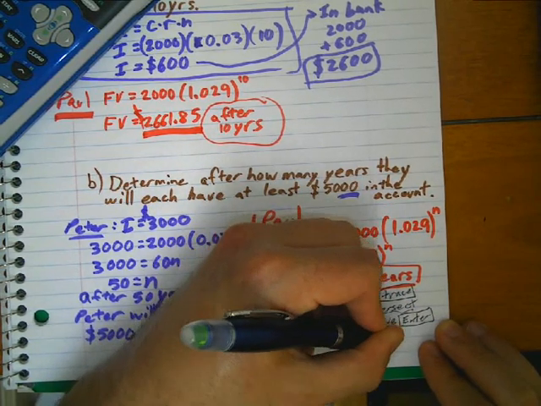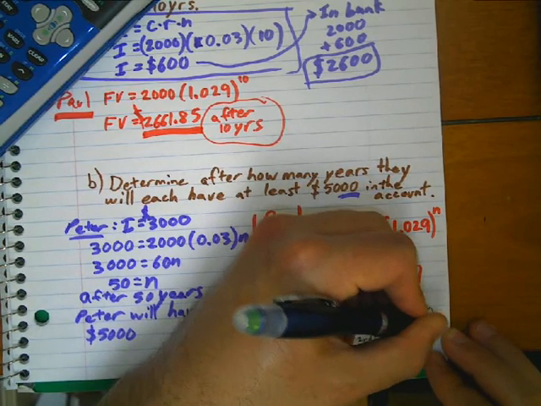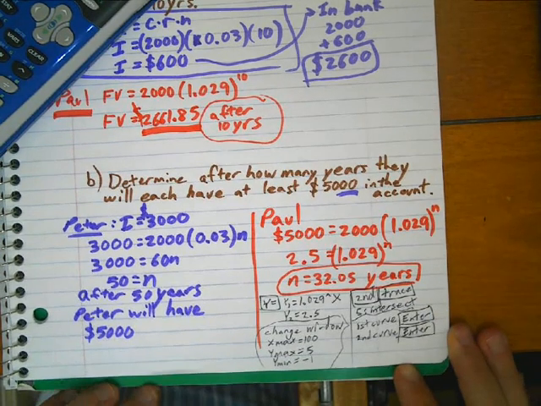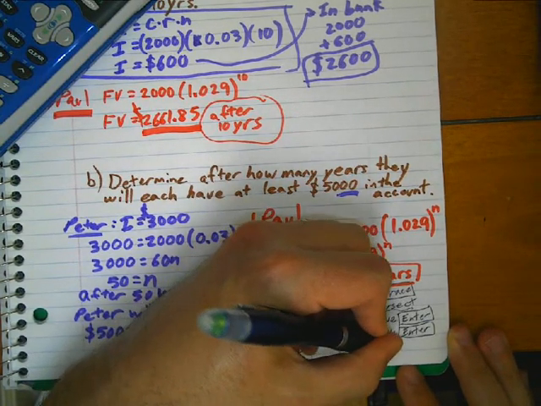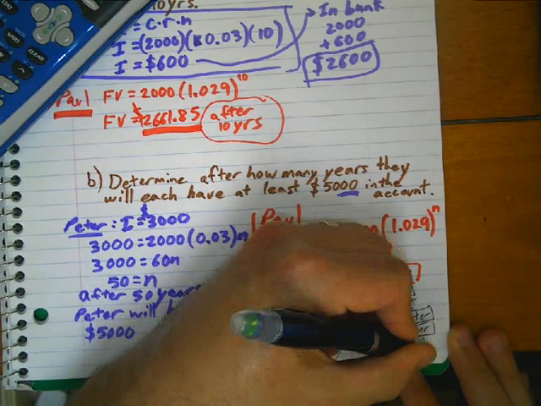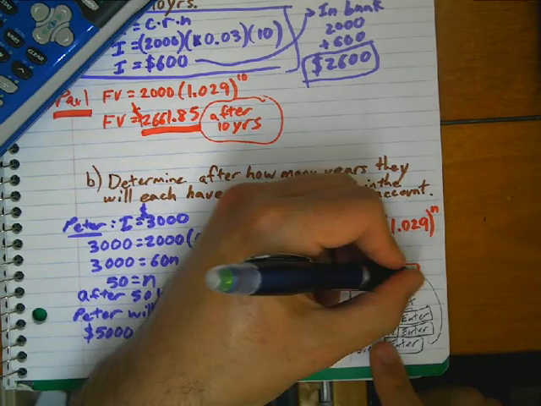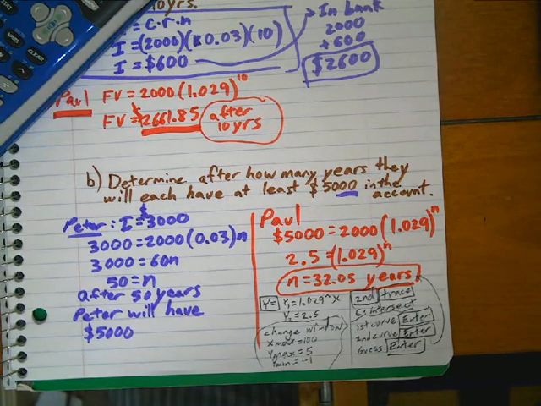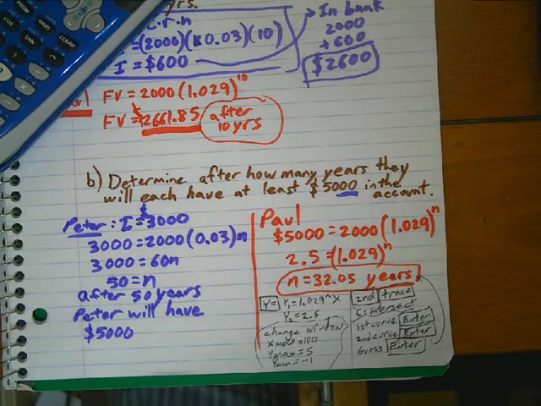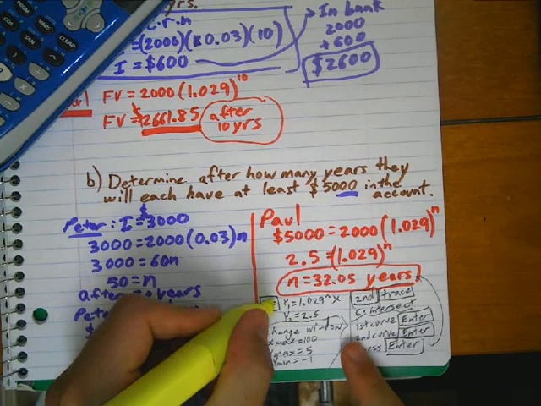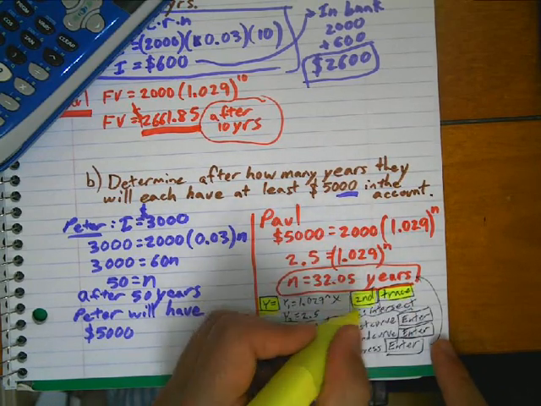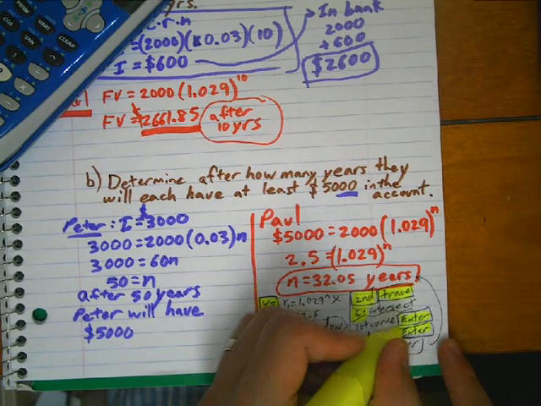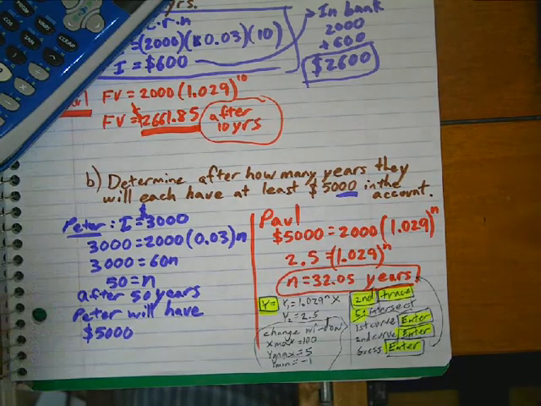I hit enter. And then it said guess. I hit enter. And then I got this answer here. So it's after 32.05 years. Okay. So the buttons I hit were y equals, I entered that in. Second trace, hit the 5, enter, enter, enter. And that's what you need to do your compound interest assignment.